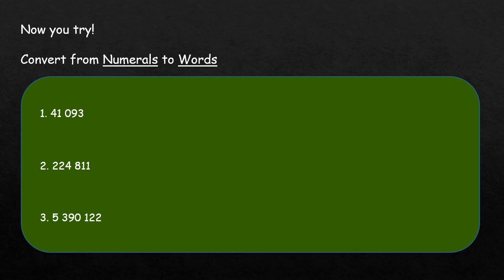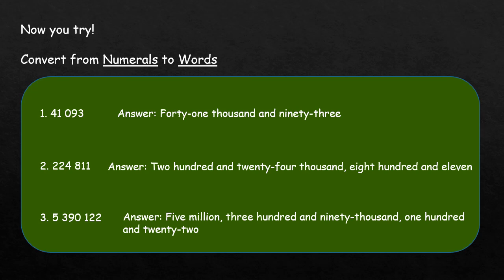And the third one is 5,390,122. I pretty much have told you the answer. It's just for you to write down the answers in words. Here are the answers. So you can compare them with mine and see if you do it correctly.